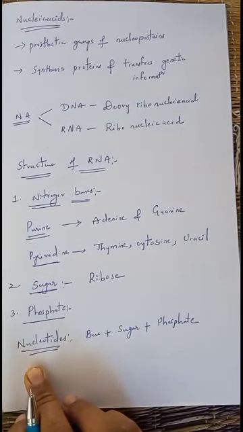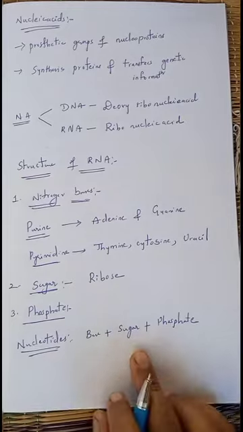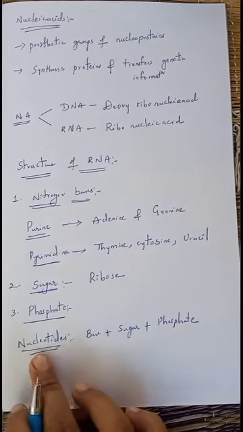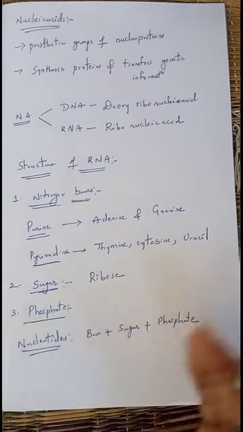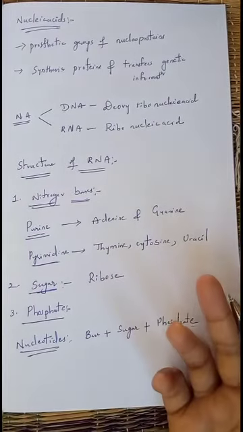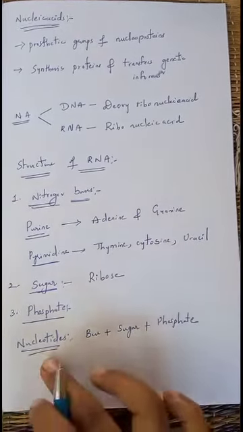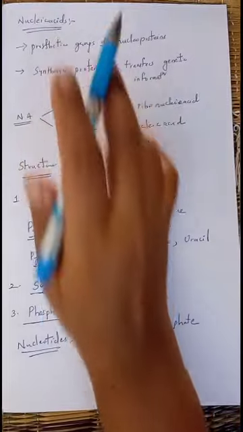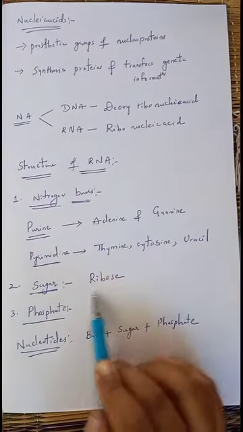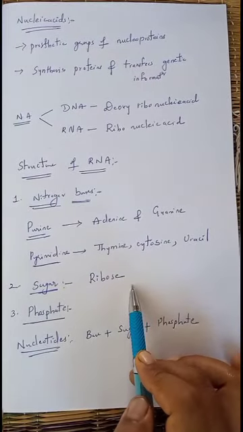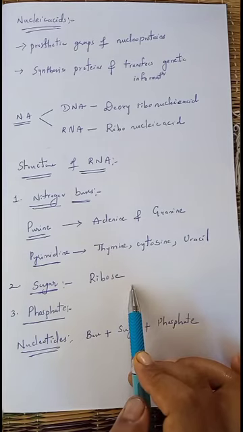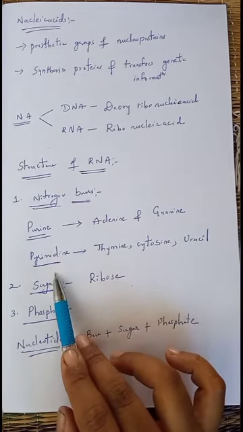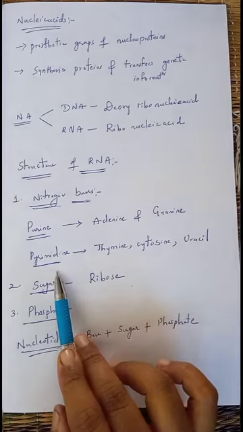When n number of these nucleotides are combined together, it is converted into polynucleotide. Such polynucleotide is called nucleic acid. Clear? What is the sugar present in RNA? That is ribose. Understand? And there are two types of nitrogen bases, purines and pyrimidines.